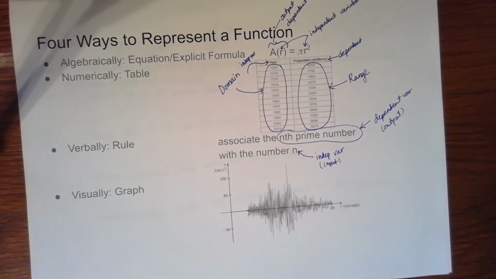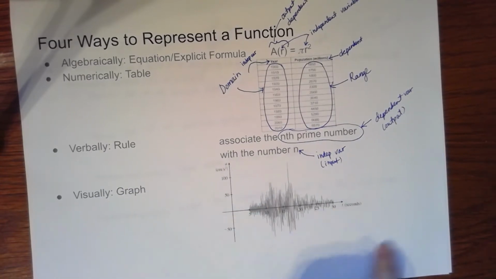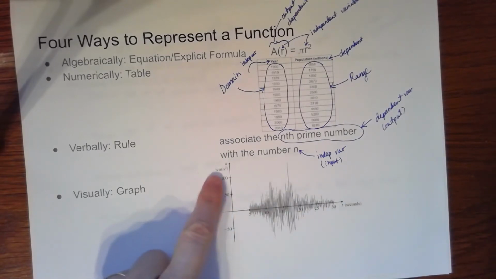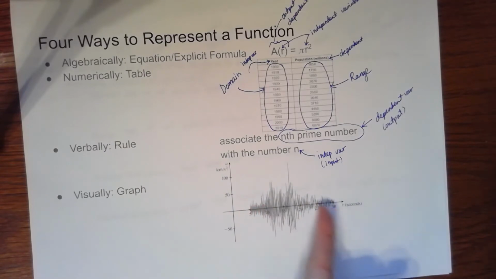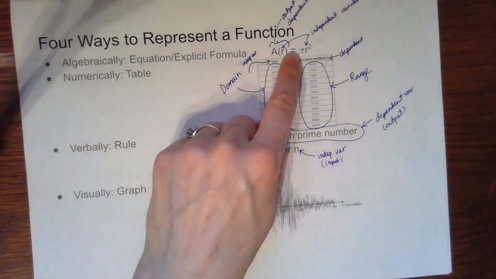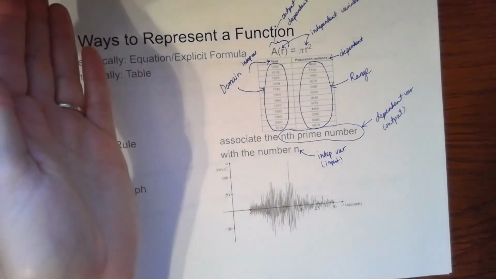And the fourth way that we can see a function being represented is visually by a graph. If you look at this, it's an example from your book. This is from a seismograph. We're looking at the acceleration of the Earth in centimeters per second squared over time during an earthquake. Trying to put this kind of data into some kind of algebraic function wouldn't really work.